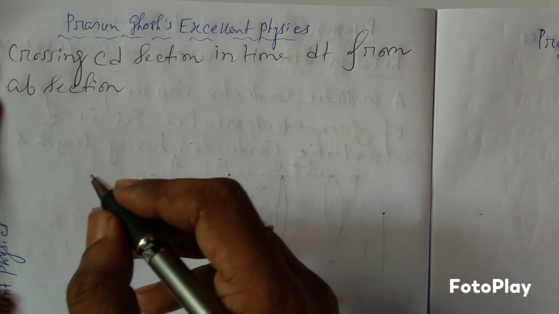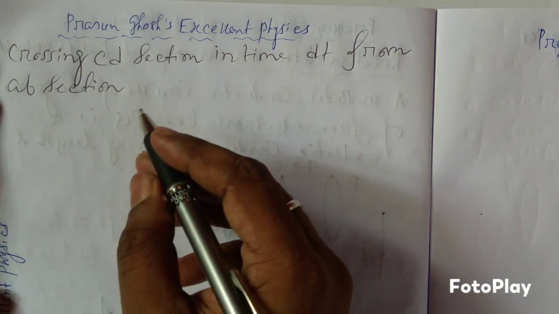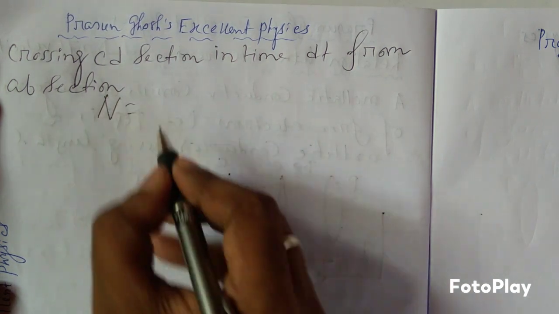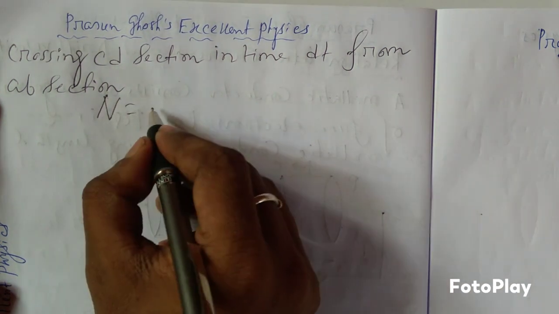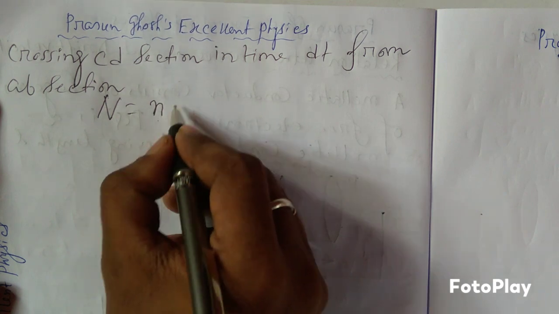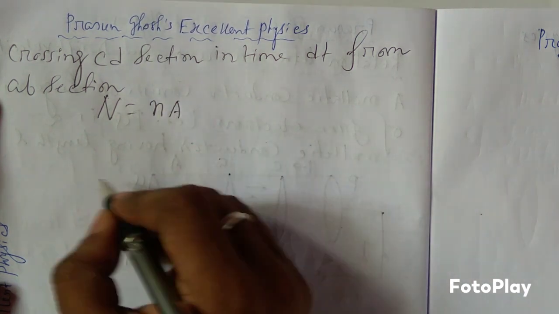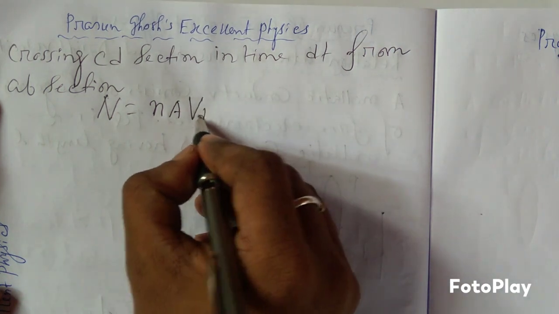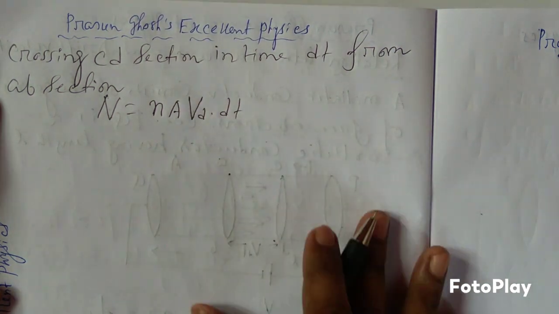We can write that as n into A, that is the volume, into Vd into dt.